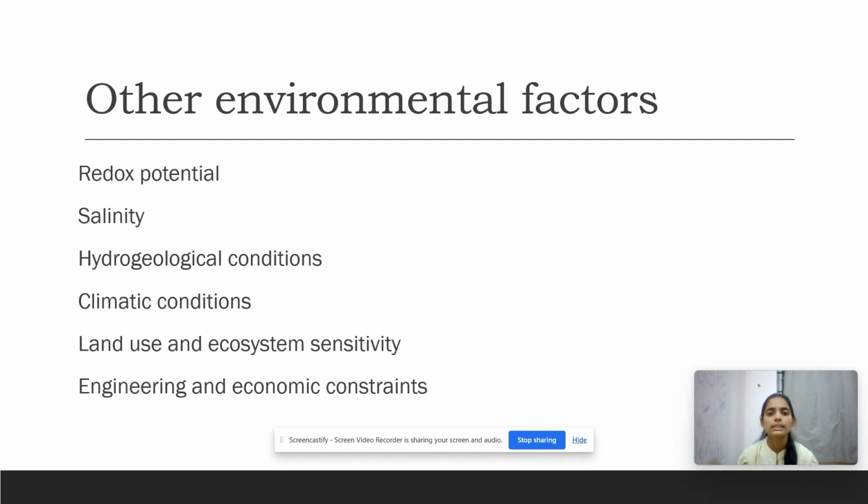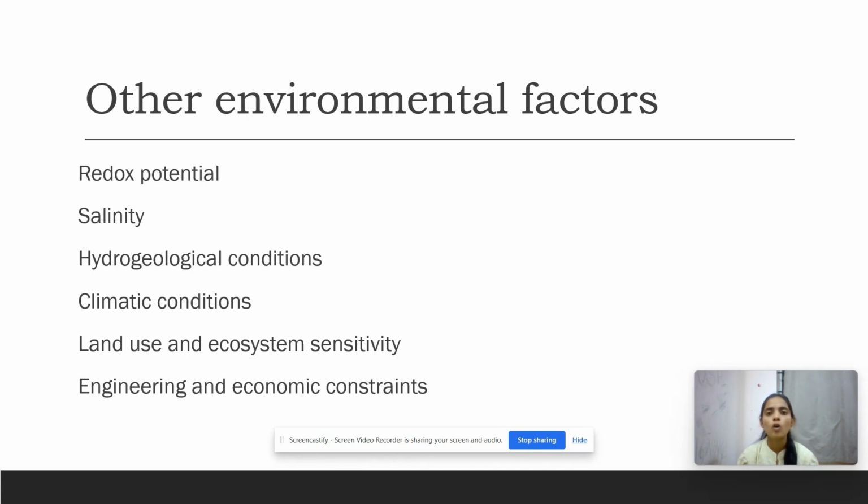Climatic changes, like high temperatures, affect the activity of microbes and further affect the bioremediation process. Land use and ecosystem sensitivity: repeated use of the same contaminated land can make the contaminants and microbes resistant, which affects bioremediation.